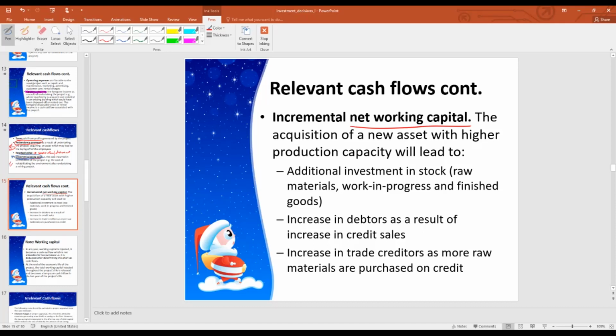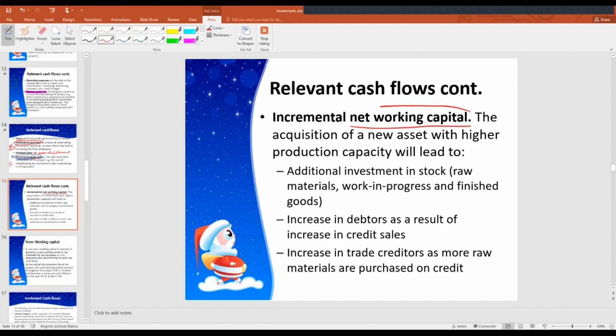For example, in case you scale down the operation and reduce your working capital, there will be a cash inflow in the year when you scale down. If you're going to be increasing the operation of the company, you need to invest towards working capital. Therefore, the extra amount you're investing towards working capital is a cash outflow.